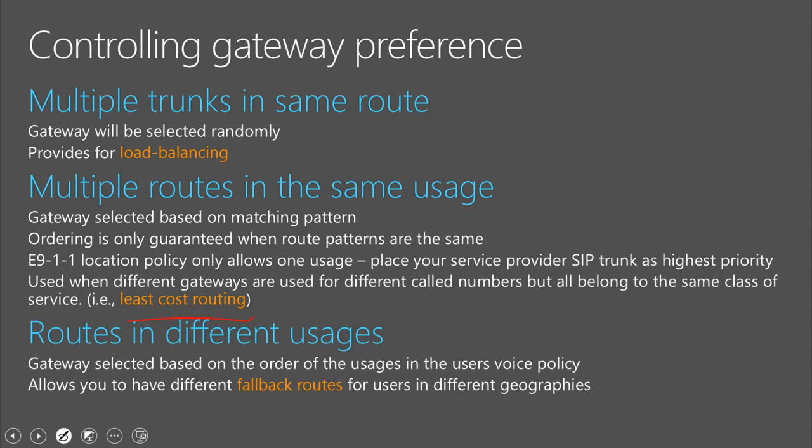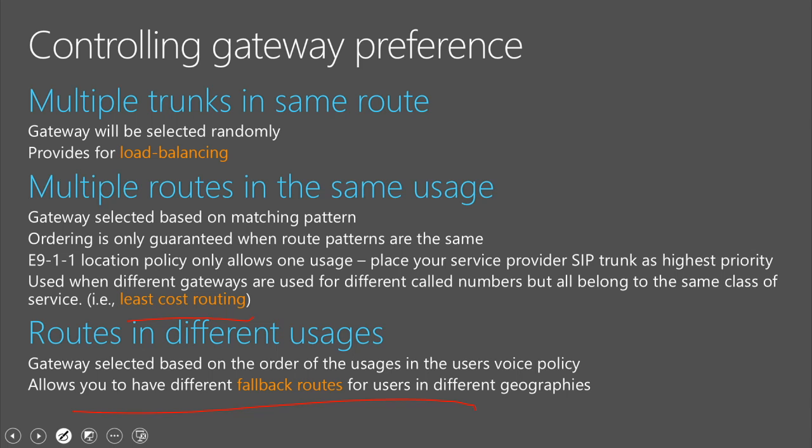If you want to really enforce trying a primary gateway first and only fall back to a secondary gateway if the first one's down, we need to put the routes in different usages. So I'd have a usage that's primary route to Atlanta and a usage that's my secondary routes to Atlanta. The usages then are ordered in the voice policy.